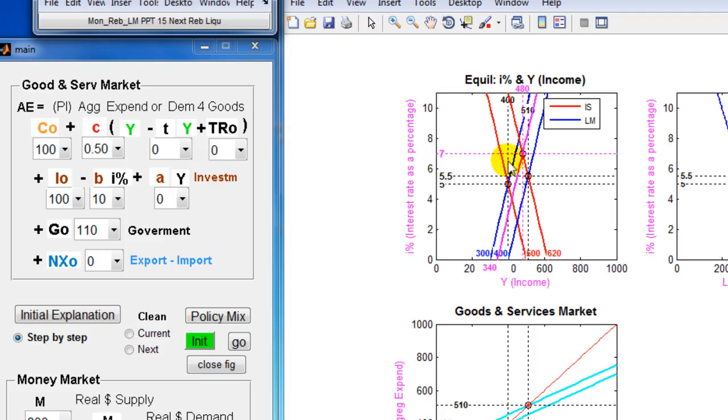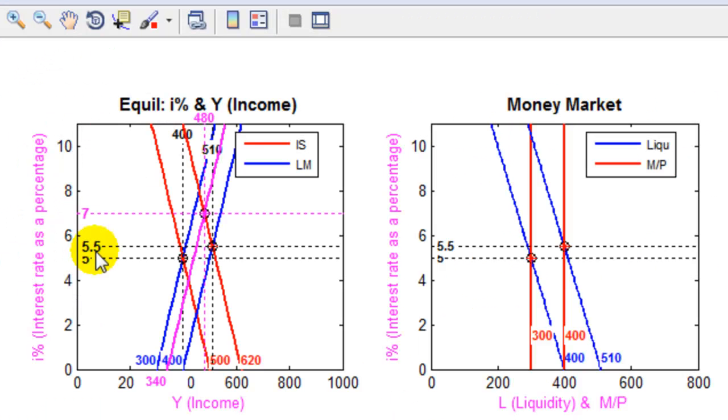So we propagate the effect of this increase in the interest rate, and then we go here and we should see that the real money supply shifts toward the left because P increases, and liquidity will change too, and the intercept is not going to be 510 anymore, which is this value, it is going to be 480.